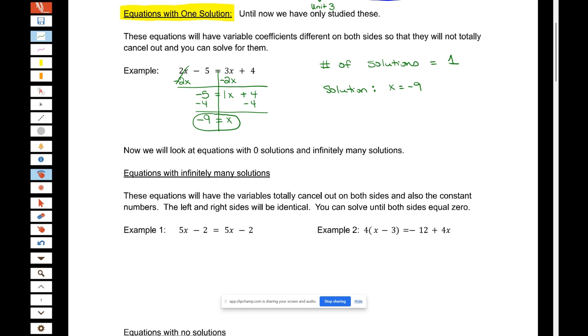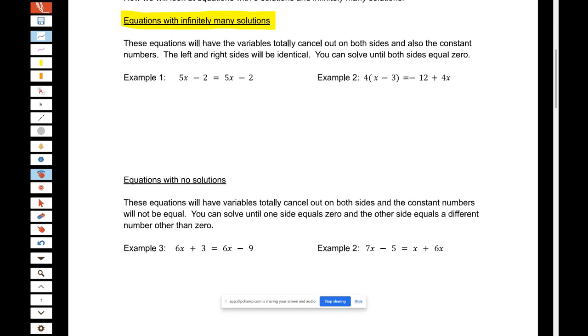Okay, so now we're going to look at some special solutions, which are the zero solutions and infinitely many solutions. First, we're going to look at equations with infinitely many solutions. All right, like this one. So the first thing you kind of want to do is bring your x's to the same side. And since they're both the same size, it doesn't matter which one you move.